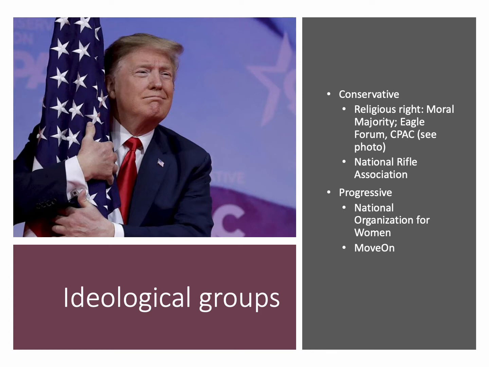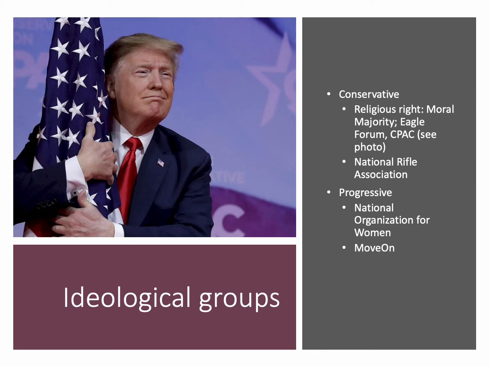Now, I just want to take a moment to talk about ideological interest groups, because they're different, because they don't have an economic interest as such. We find a number of them that are committed to various ideological groups. I would point out, for example, on the religious right, they have a number of such groups: Moral Majority, the Eagle Forum, CPAC, Conservative Political Action Committee, and the NRA.